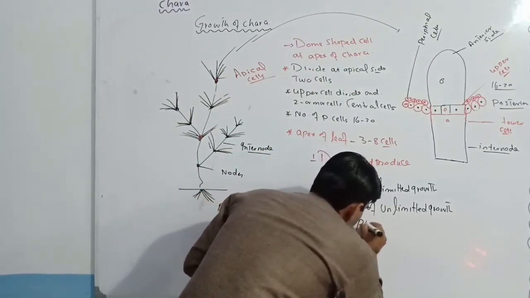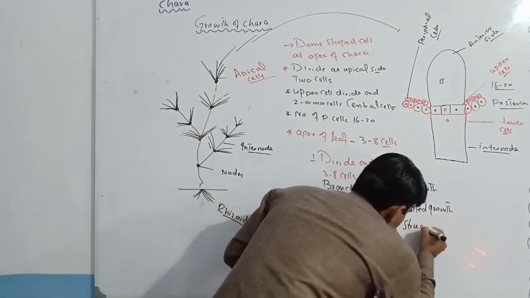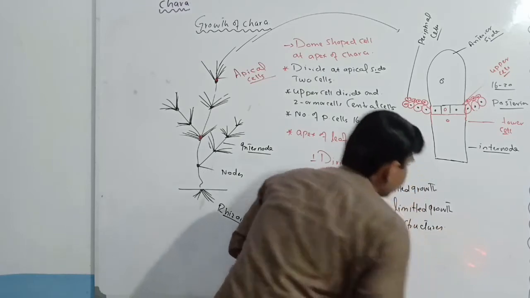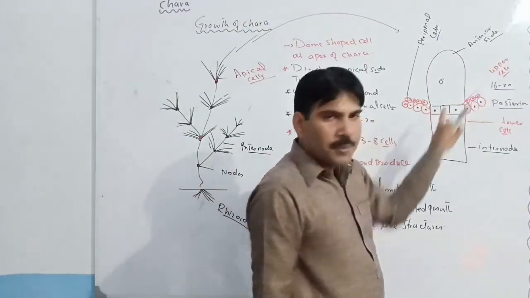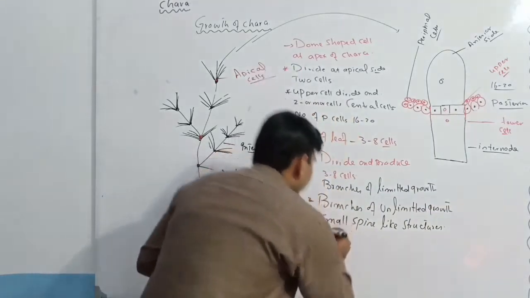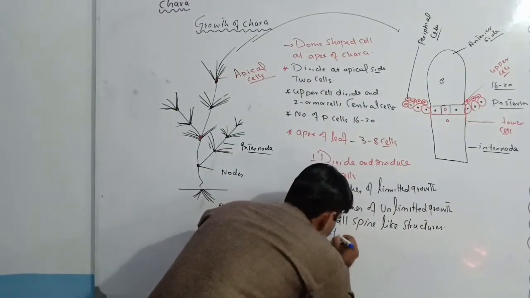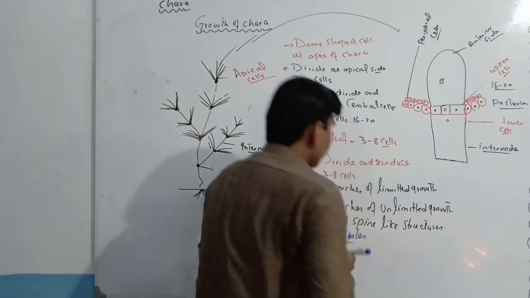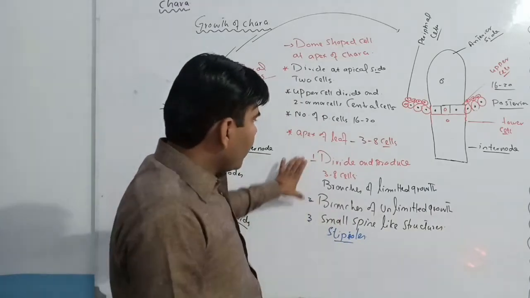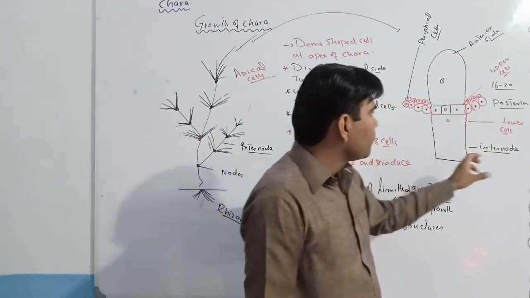These spine-like structures which are formed as a result of division of these peripheral cells are known as stipules. So 3 structures are formed as a result of division of such type of peripheral cells.